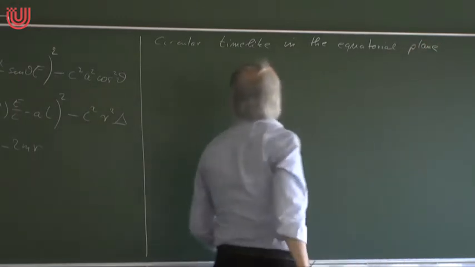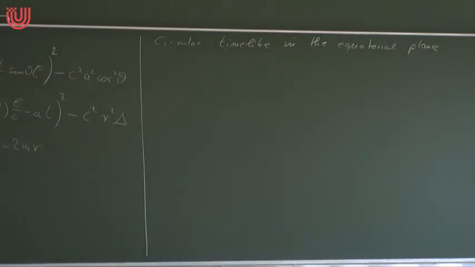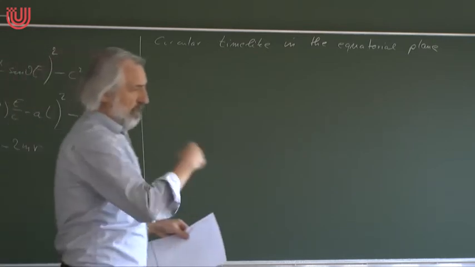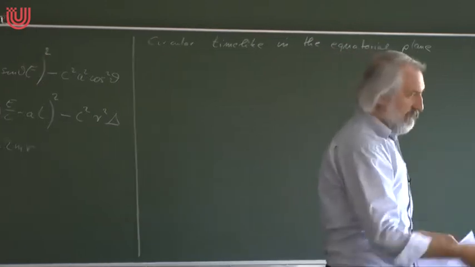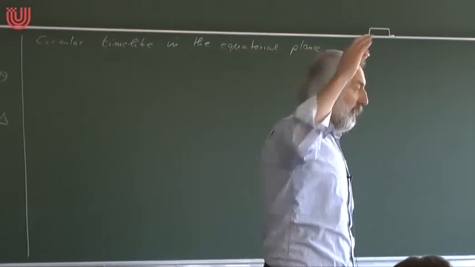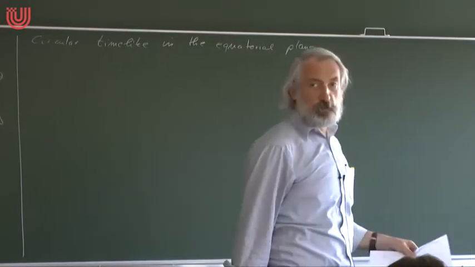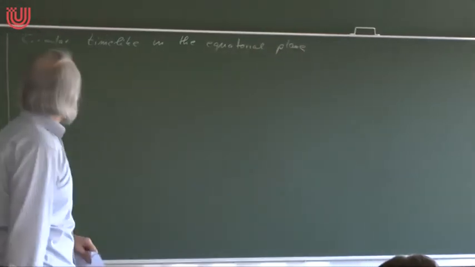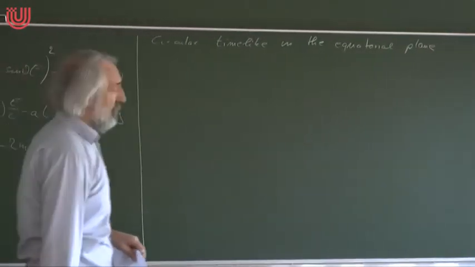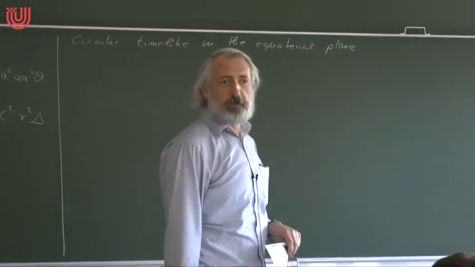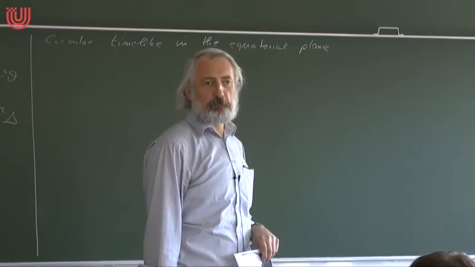Hope everybody remembers how the situation was for the Schwarzschild case. In the Schwarzschild case, we had circular geodesics in the equatorial plane, where every plane through the origin was an equatorial plane. And we did have time-like circular orbits. Do you remember up to which radius in the Schwarzschild case?